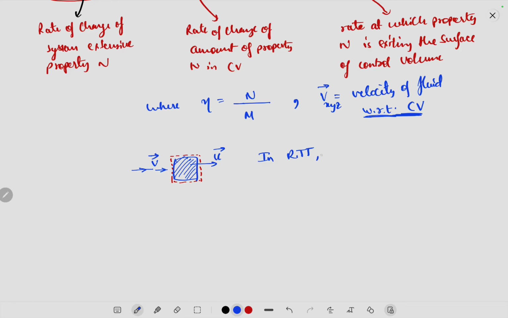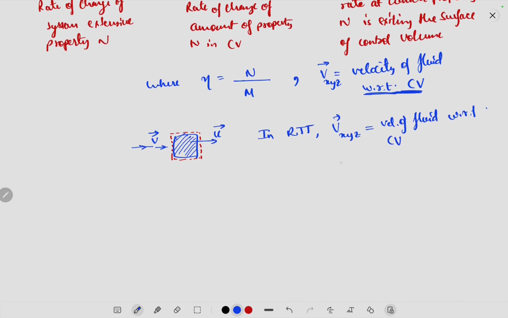So in RTT, v vector xyz is the velocity of fluid with respect to control volume CV, which equals the velocity of fluid with respect to ground minus the velocity of control volume with respect to ground.